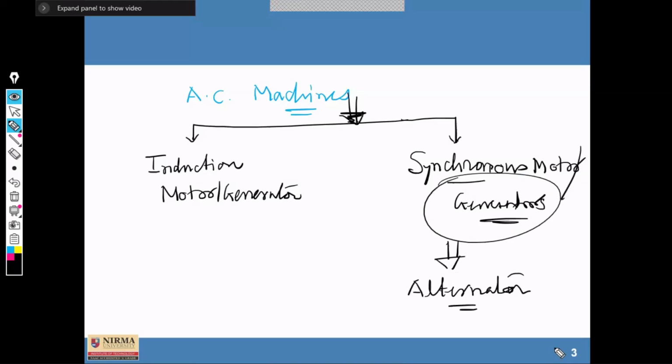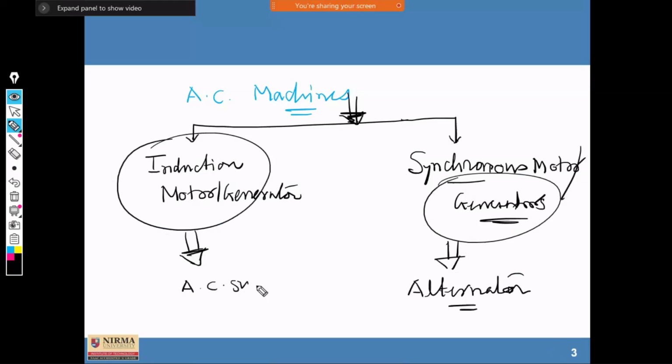Clear? Now, in industry, induction machines are widely used because of the availability of AC supply. In DC machines, we have to make an arrangement for DC supply or a DC rectification circuit, because from our electricity board we always receive alternating voltage, current or power.